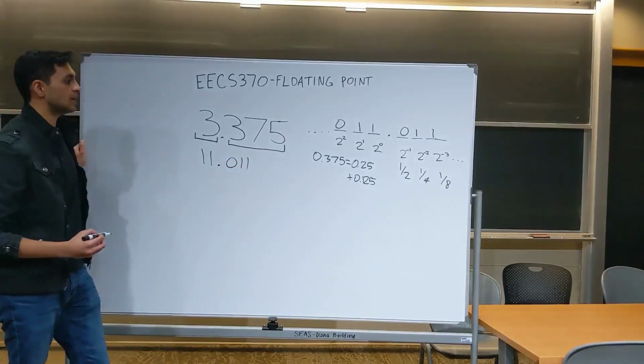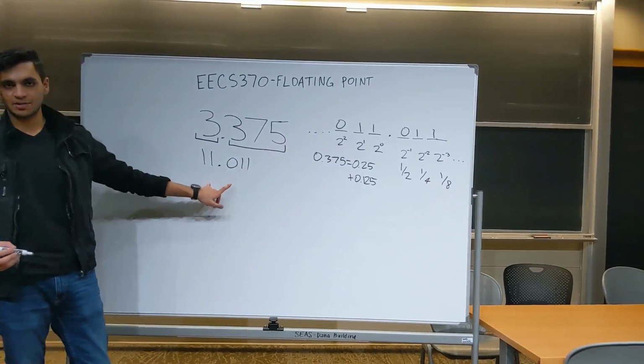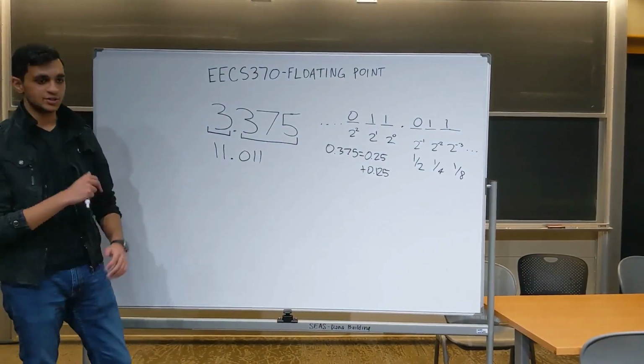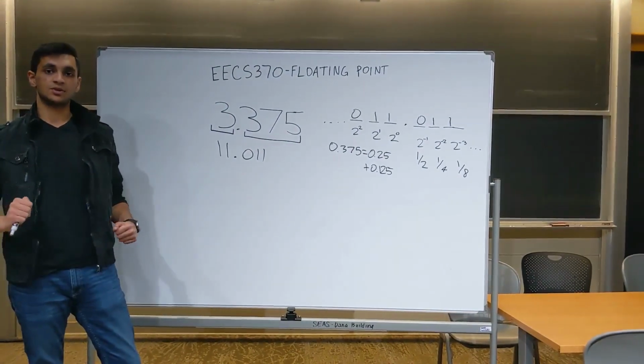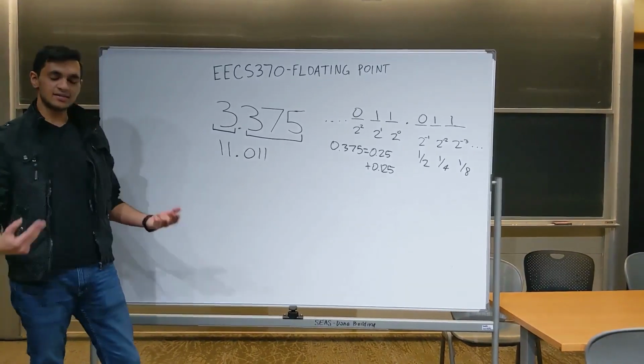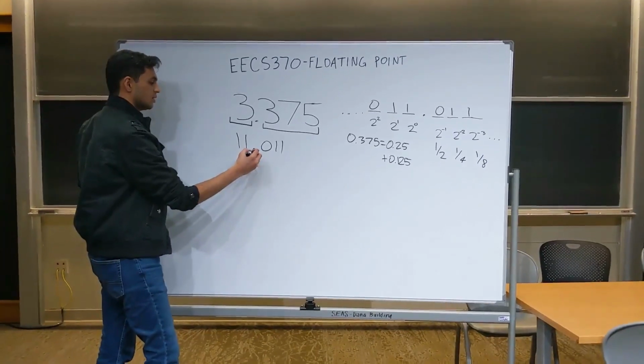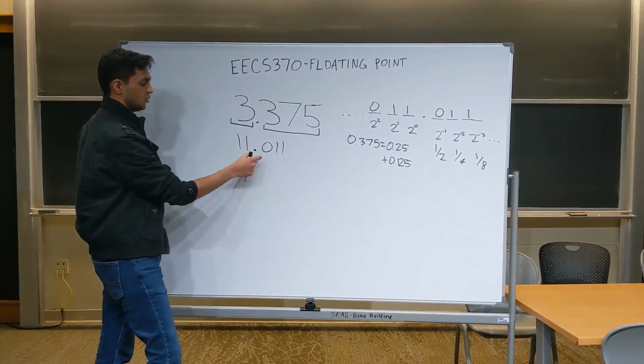So now we have a binary representation of this number, but this isn't good enough because we don't want this decimal point. We just want one continuous 32-bit binary sequence. So the next step to forming that is to take a look at this decimal point. Right now this decimal point is in between this 1 and this 0.